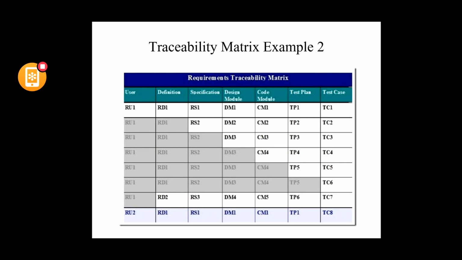And the third one is about the requirement specification, which has RS1, RS2, RS3, etc. Design module and code module, forget about it. That's not very much of interest for us. For the test plan, we will consider that as a test scenario where you have TP1, TP2, TP3, TP4, TP5, and 6. And you have the corresponding test cases.